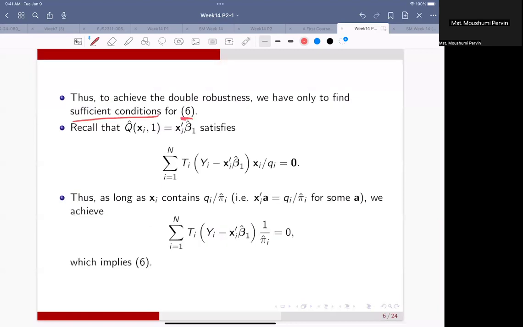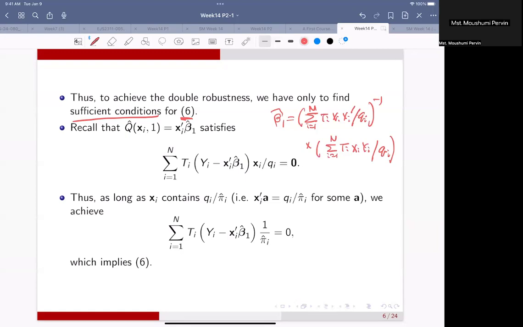Basically, what is beta hat one? The definition of beta hat one is the sum of Ti, Xi prime, Qi inverse times the sum of Ti, Xi, Yi divided by Qi, right? So that is the definition.